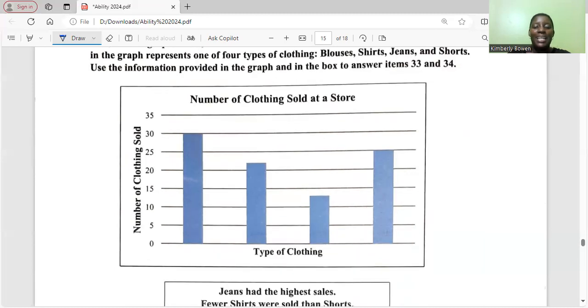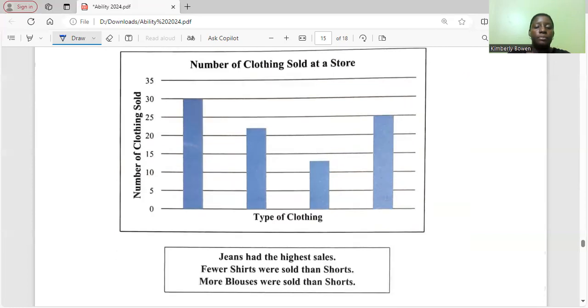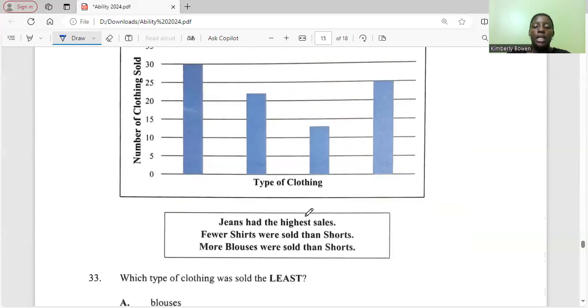I can't believe we're almost at the end of the paper. Number of clothing sold at the store. That's the name of the bar graph. The numbers are listed on the side, and the types of clothing are represented by each bar. Based on the information we're given here, I'm just going to label the bars. That's going to make it much easier for me.